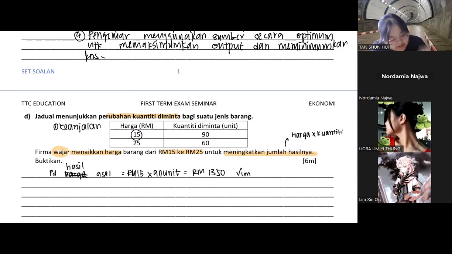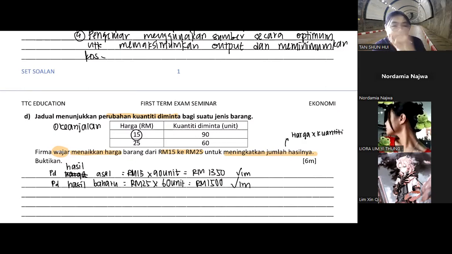And then if they increase the price, so pada hasil baharu, new price, 25 times 60 unit. How much do you get? 1,500.